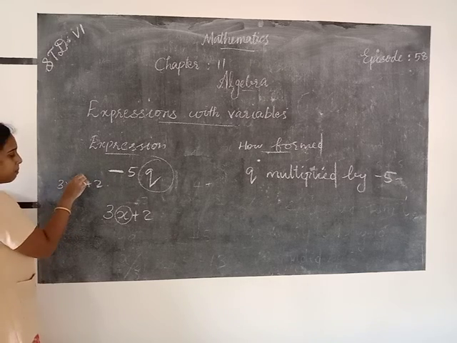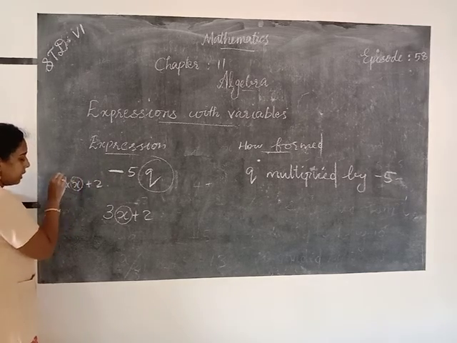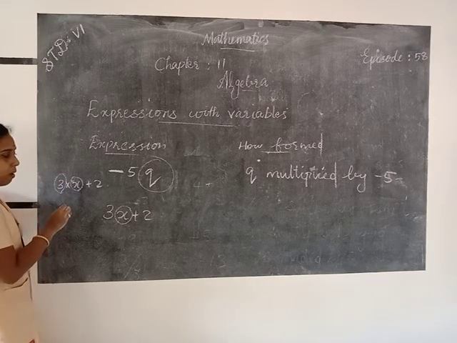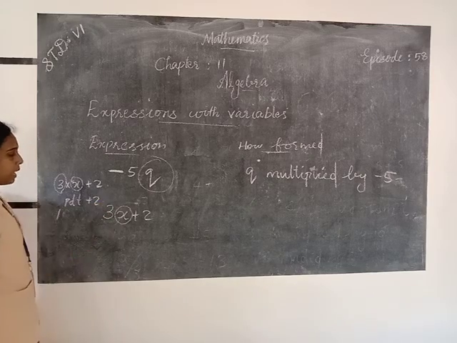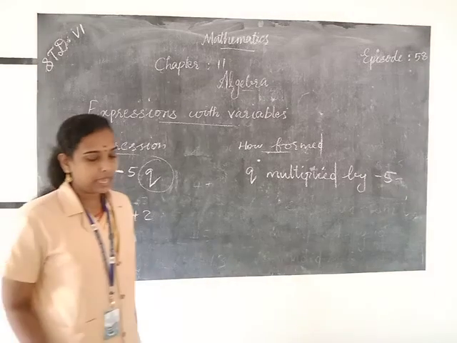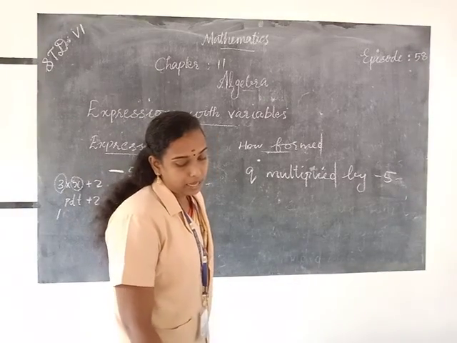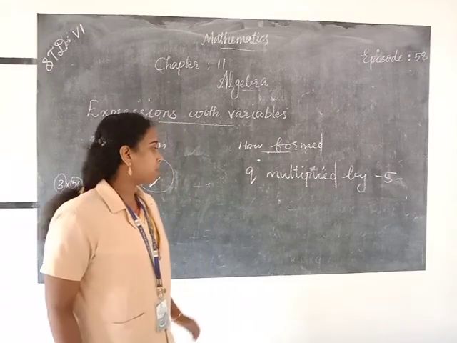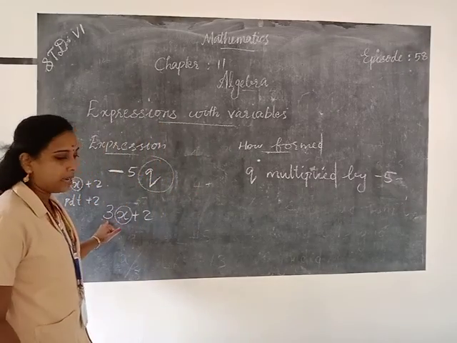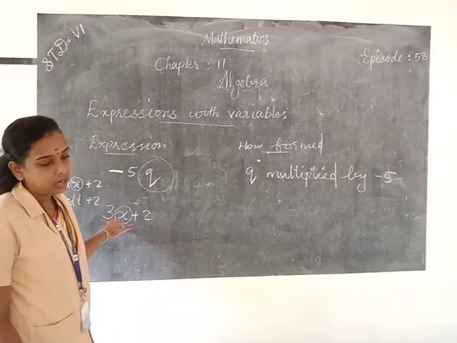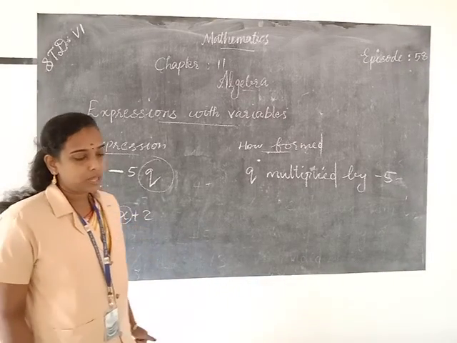First we multiply x by 3, then we get the product, then we add 2 to the product.